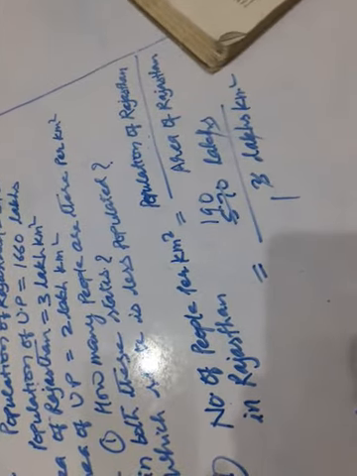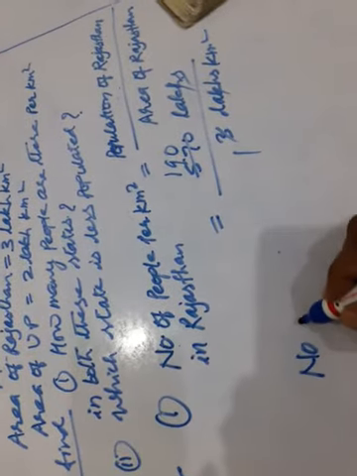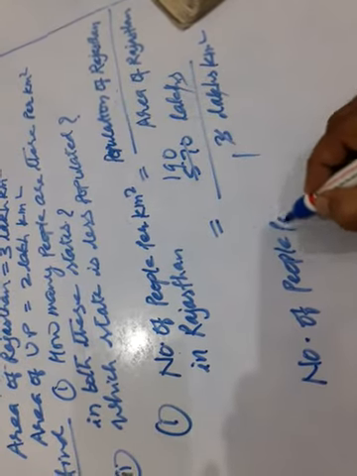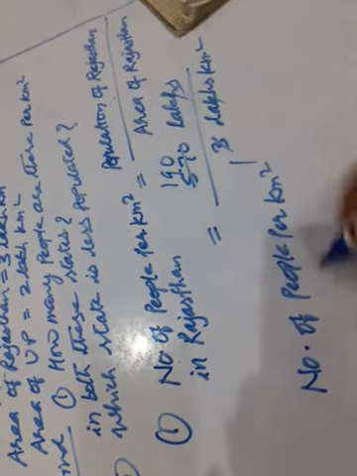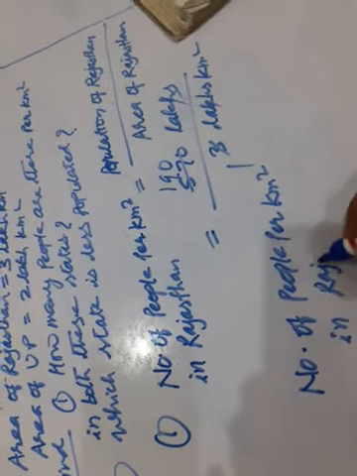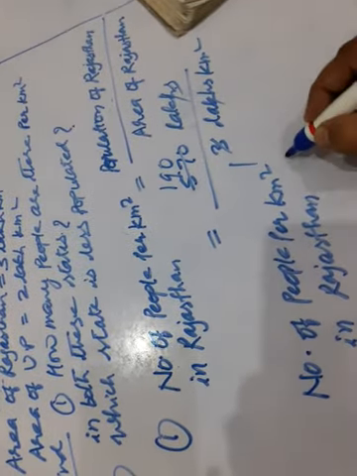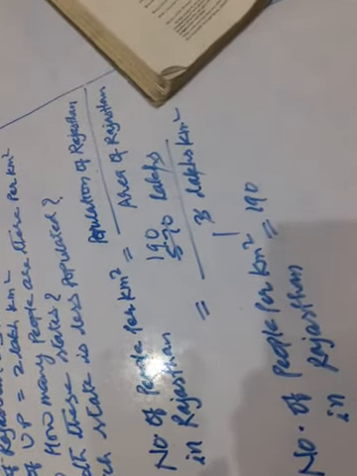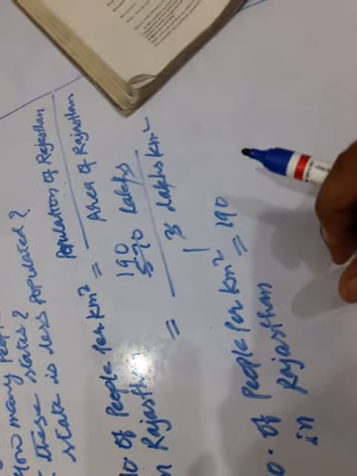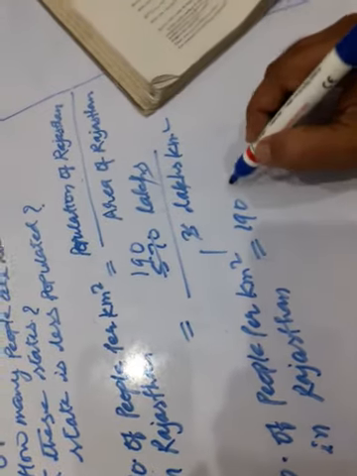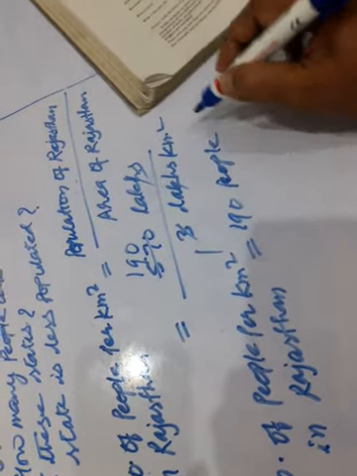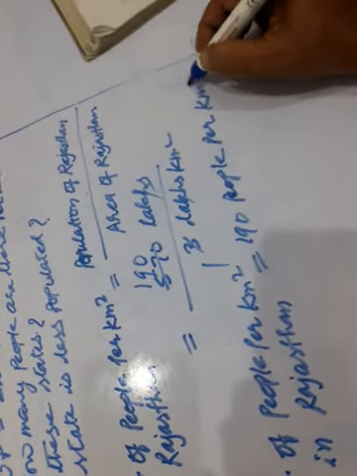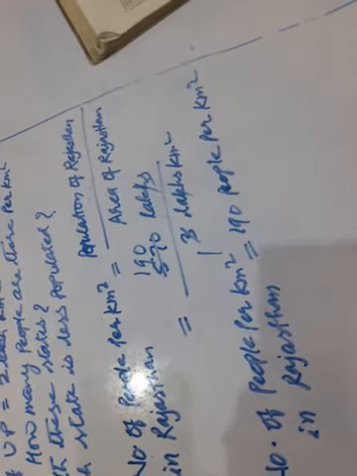So the number of people per square kilometer in Rajasthan is equal to 190 people per square kilometer. Okay, children, this is the population density of Rajasthan.